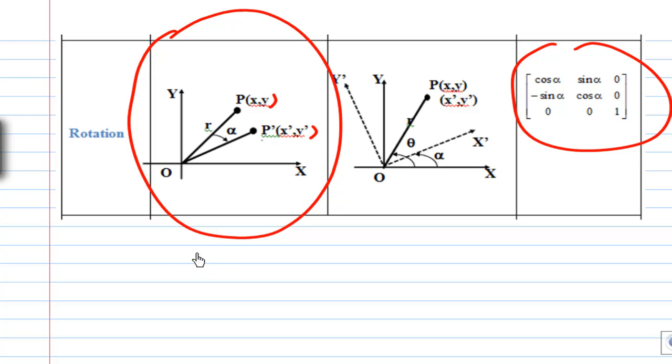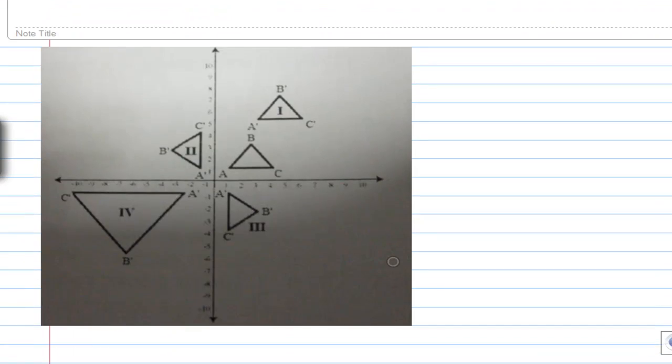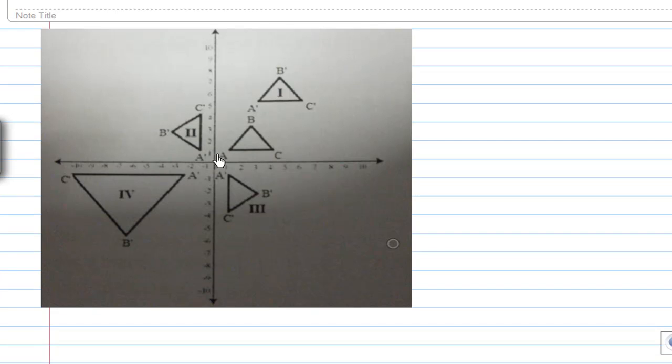Now that means that if the rotation is clockwise, alpha is positive. If the rotation is anti-clockwise, then alpha is minus. So for our case, since we are rotating 90 degrees anti-clockwise about the origin, therefore alpha is negative 90 degrees.